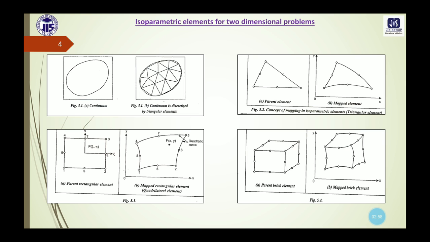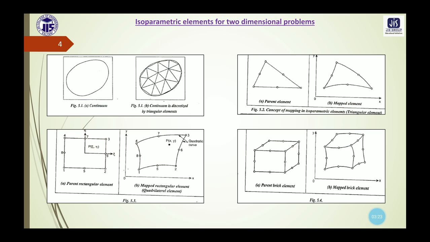Now let us consider diagram 5.1. This is a continuum which is provided, and it is discretized by using triangular elements, which we can see in the 5.1b diagram.